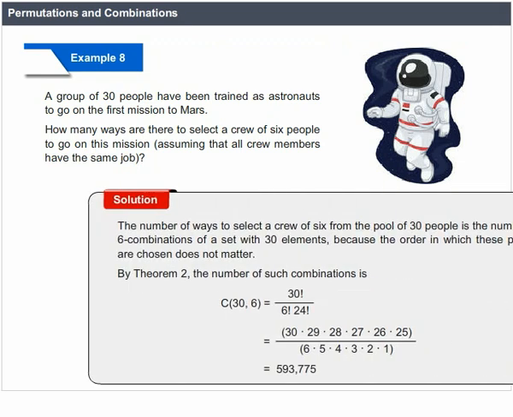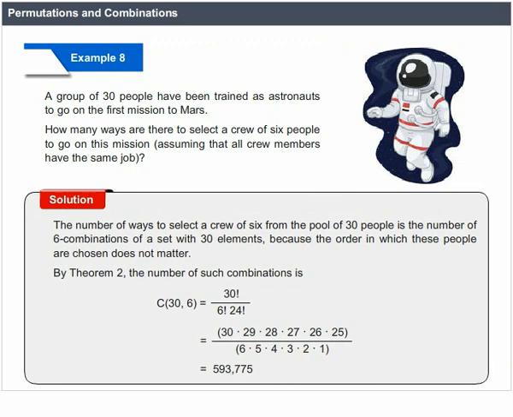Solution. The number of ways to select a crew of 6 from the pool of 30 people is the number of 6-combinations of a set with 30 elements, because the order in which these people are chosen does not matter.